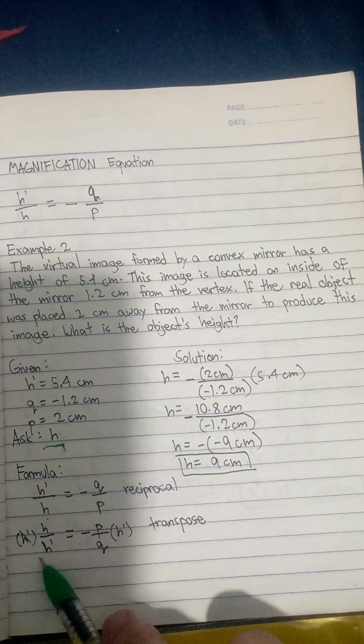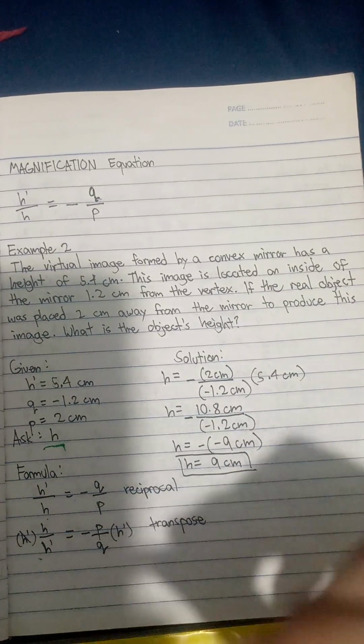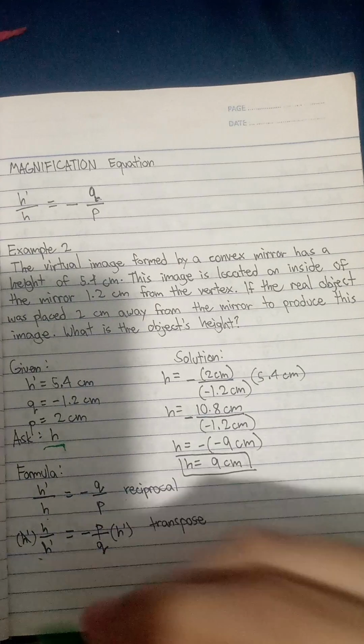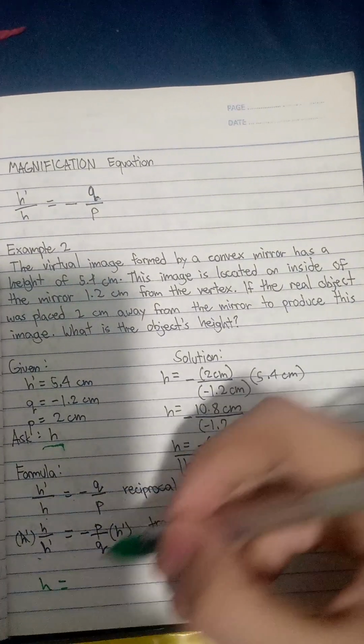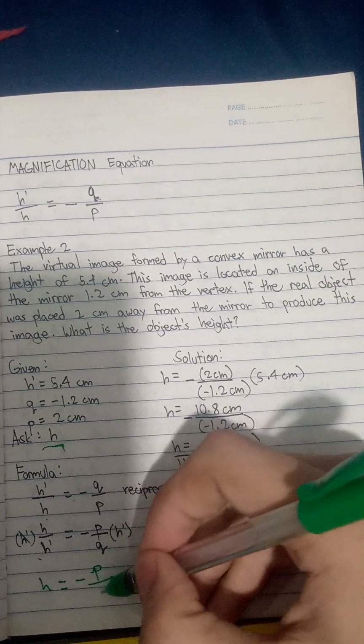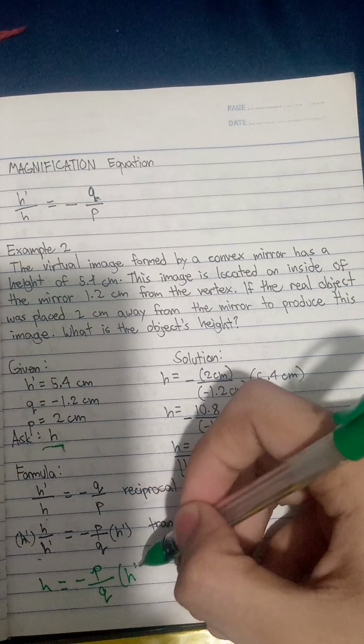We can transpose and isolate variable h. And now the formula is h equals negative p over q times h apostrophe.